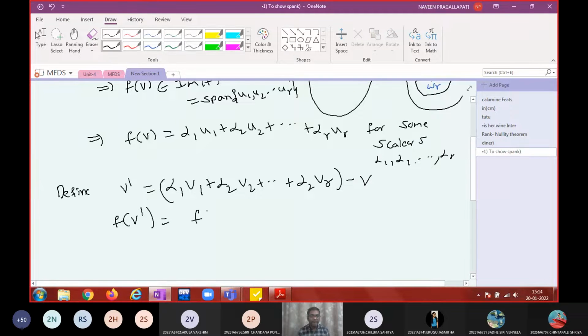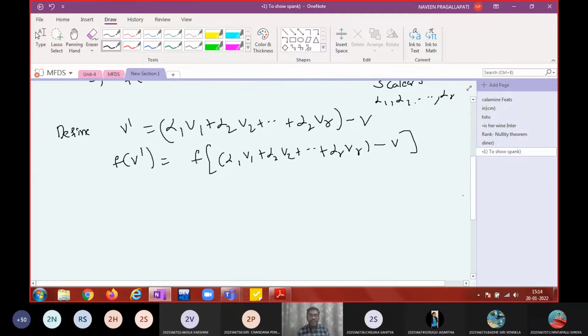Apply f: f of (alpha 1 v1 plus alpha 2 v2 and so on plus alpha r vr minus v). And I know f is a linear transformation, so I can write it as f of alpha 1 v1 plus alpha 2 v2 plus and so on plus alpha r vr minus f of v.